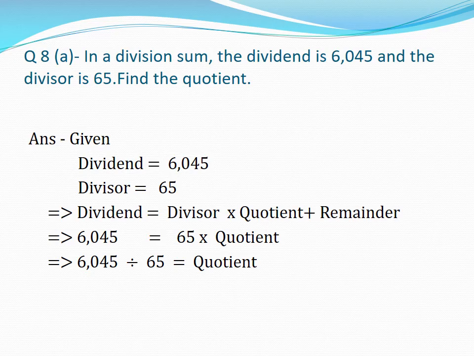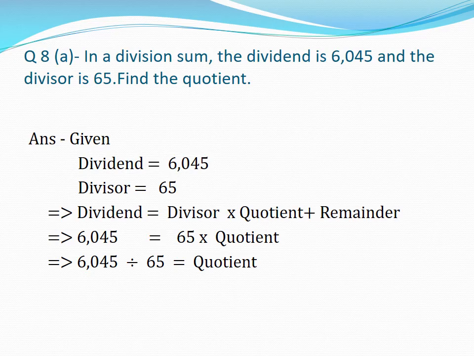Children, you know the formula: dividend is equal to divisor multiplied by quotient plus remainder. But in this sum, remainder is not given. That's why we will use the formula dividend is equal to divisor multiplied by quotient.